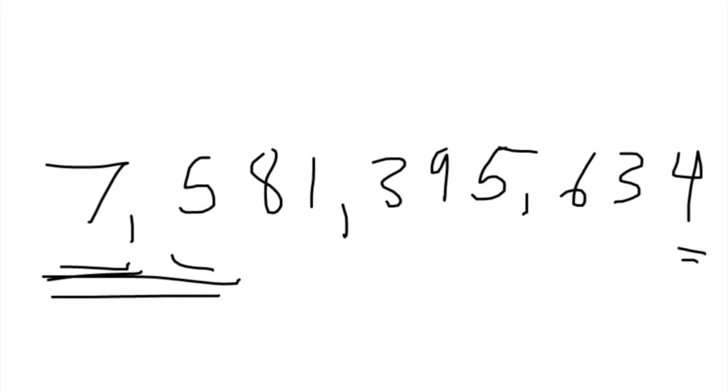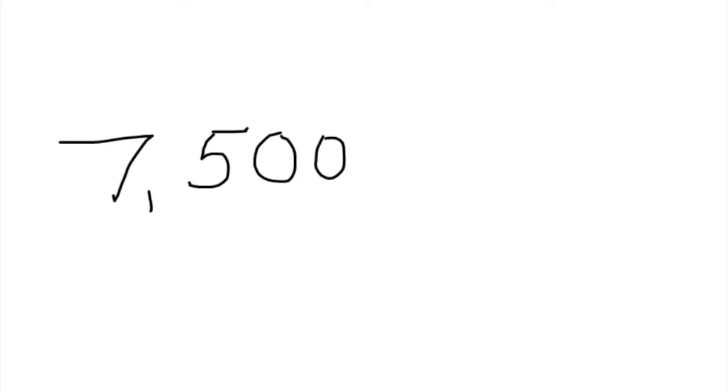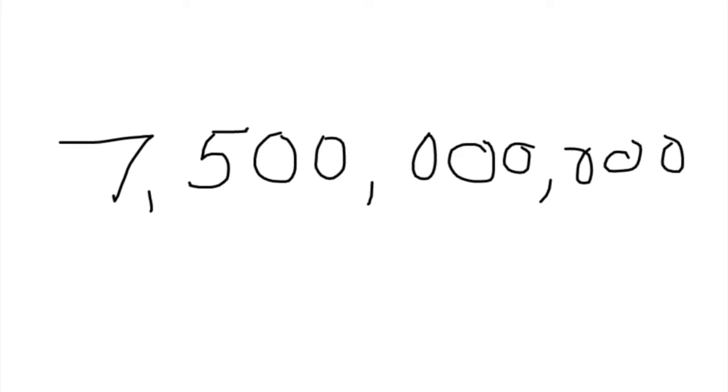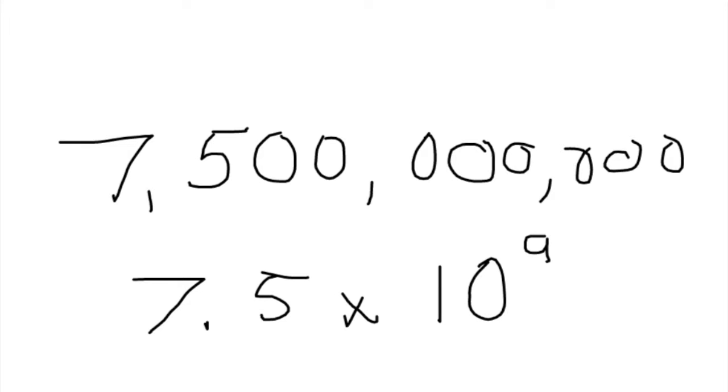So really, what we should say is that the population of the Earth is 7,500,000,000. Or we can write it in scientific notation as 7.5 times 10 raised to the power 9. Accounting for significant figures in the population of Earth means we are confident in our measurement.